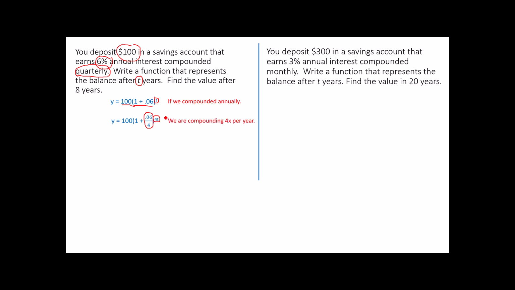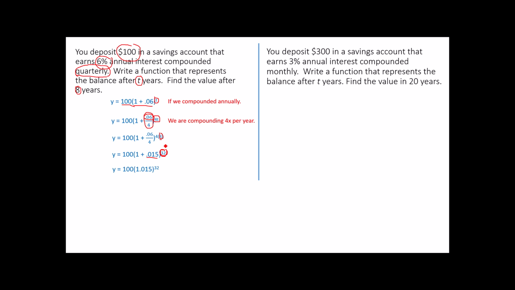What that means is that I'm going to be taking that 0.06 divided by 4, and since I'm doing this for 8 years, I'm going to be compounding 32 times. In other words, instead of doing 6% 8 times, I'm doing 1/4 of 6% 4 times as often. So instead of recalculating 8 times, I'm recalculating 32 times.